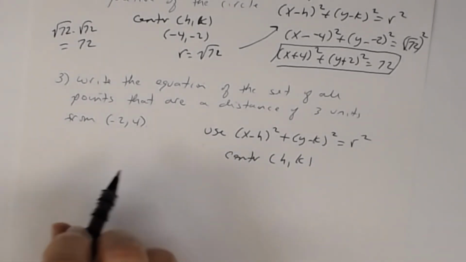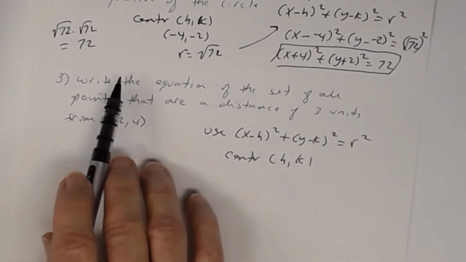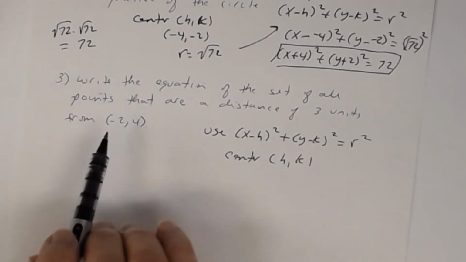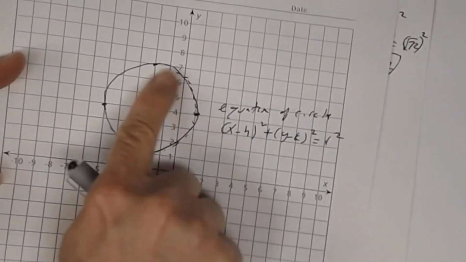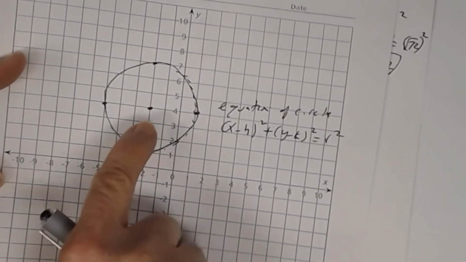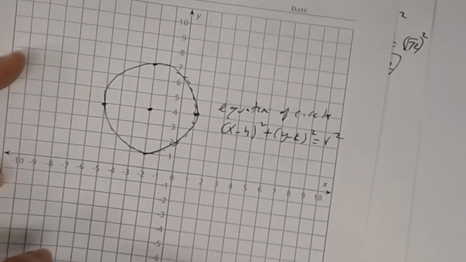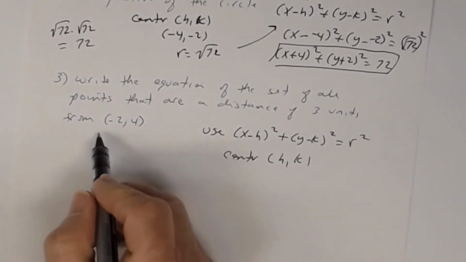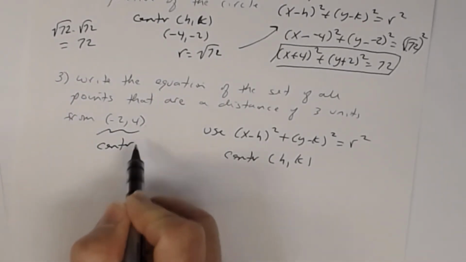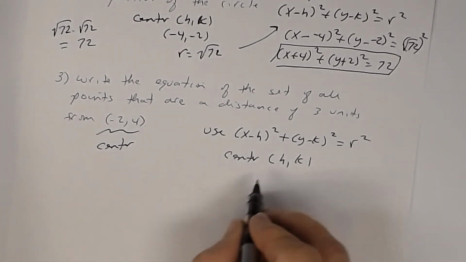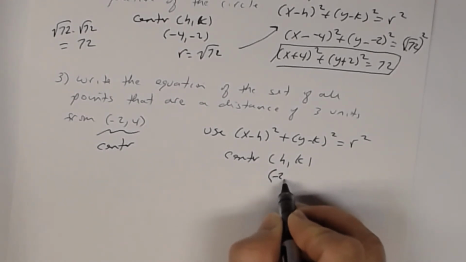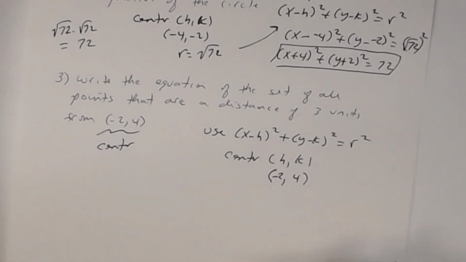Even though nowhere in that problem did it use the word center, after looking at the graph you knew that the center is -2, 4. So your h is -2 and your k is 4.